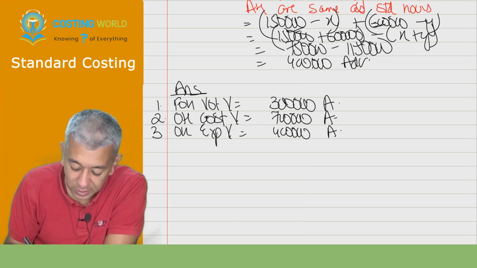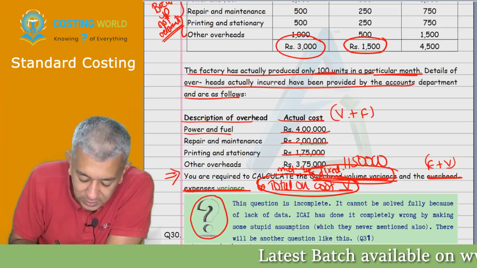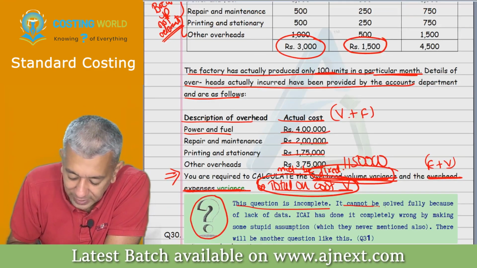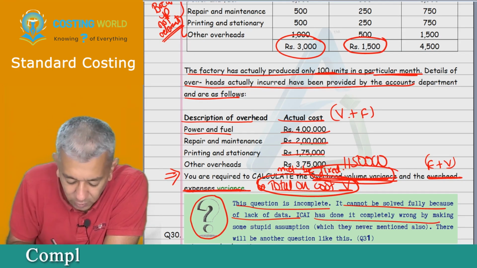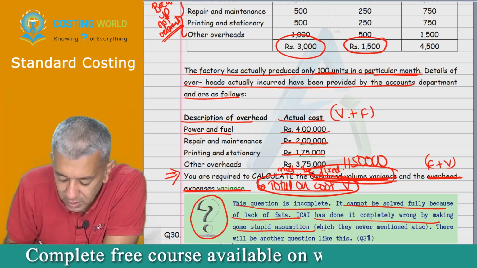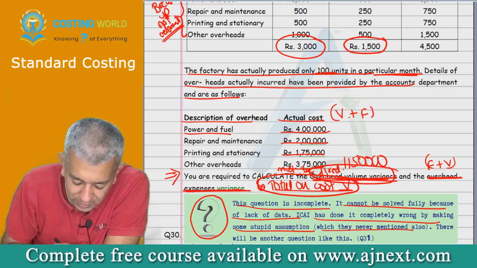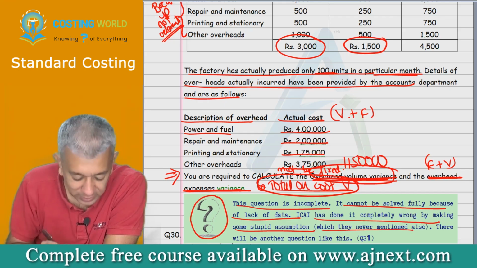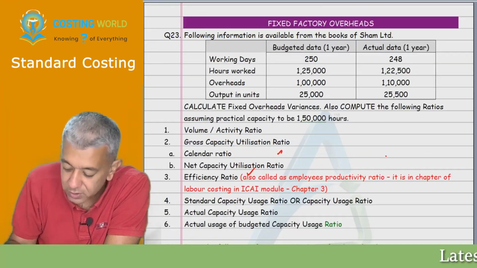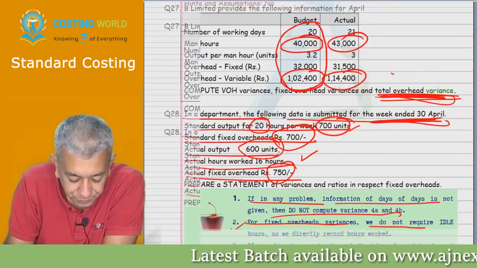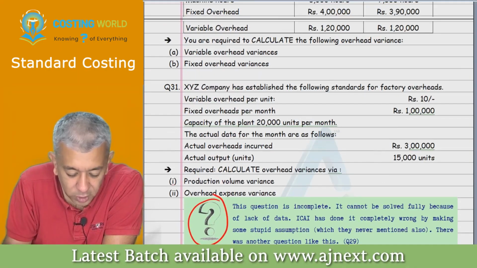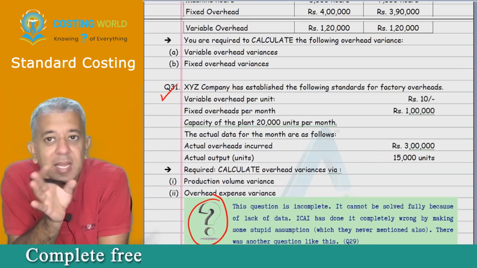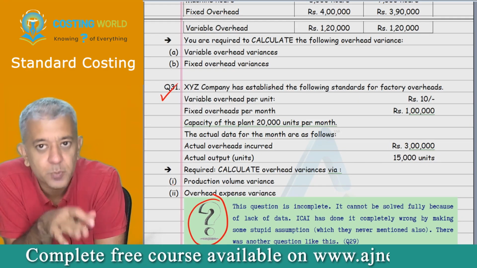Now what I have written in short over here, this question is incomplete. It cannot be solved fully because of lack of data. I had done it completely wrong by making some stupid assumption which they never mentioned. There will be another question like this, question number 31. So you all do one thing first. Question number 30, you leave two sides for that, we will be doing it shortly. But you finish off question number 31 exactly in the same way that you have done this question.